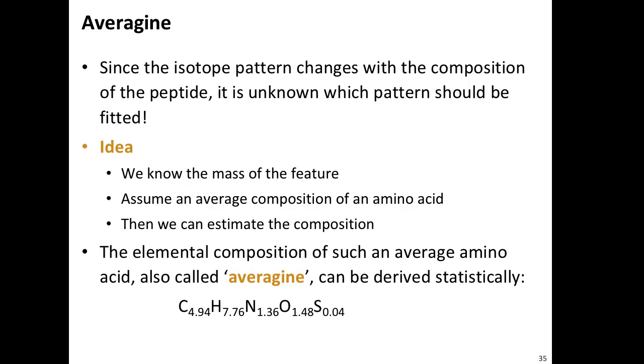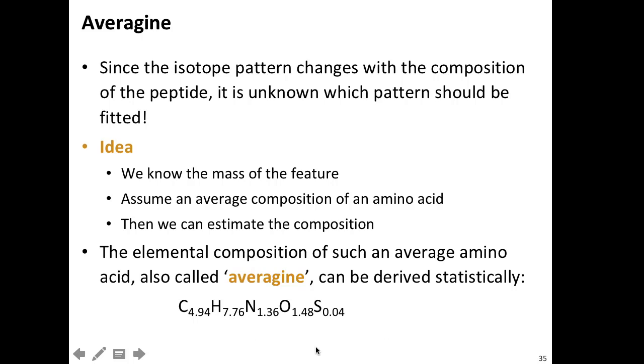You can just go into a database. It's a nice exercise. You go into SwissProt. You just digest all the tryptic peptides, and you determine their composition. And it turns out that the 20 amino acids, different as they are, if you have enough peptides, they're not that much different. Basically, an average amino acid has a composition of C4.94, H 7.76, and so on.